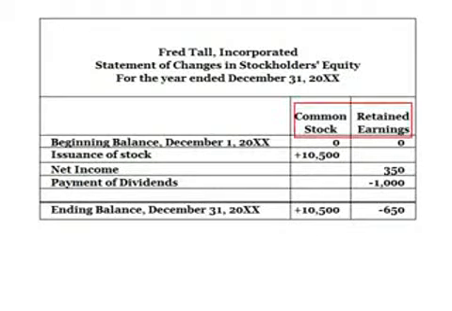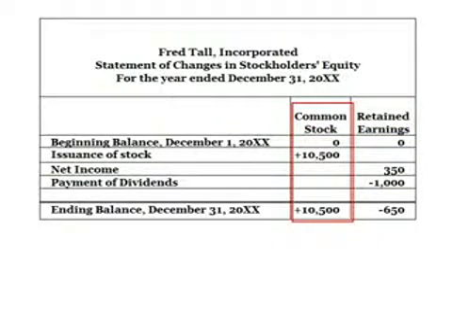We see two of them here, common stock and retained earnings. Common stock is the account that corporations use to account for stock issuances, the contributions of cash to the business by stockholders. Retained earnings is the account that will hold the corporation's net income, that is, its revenues and expenses, as well as its dividend payments.